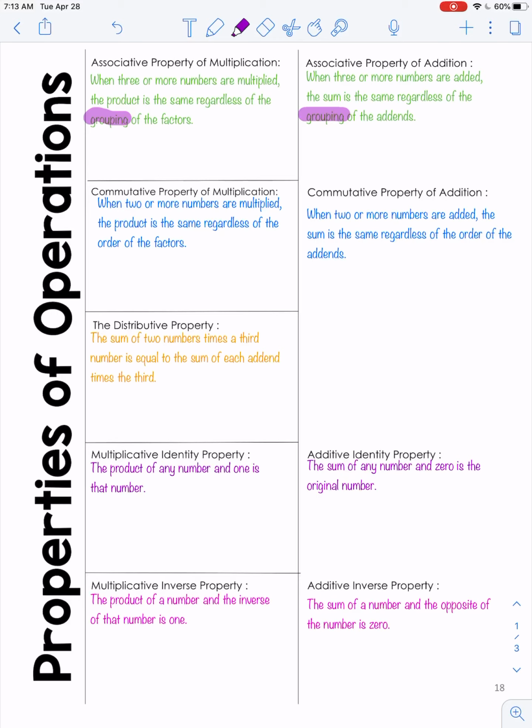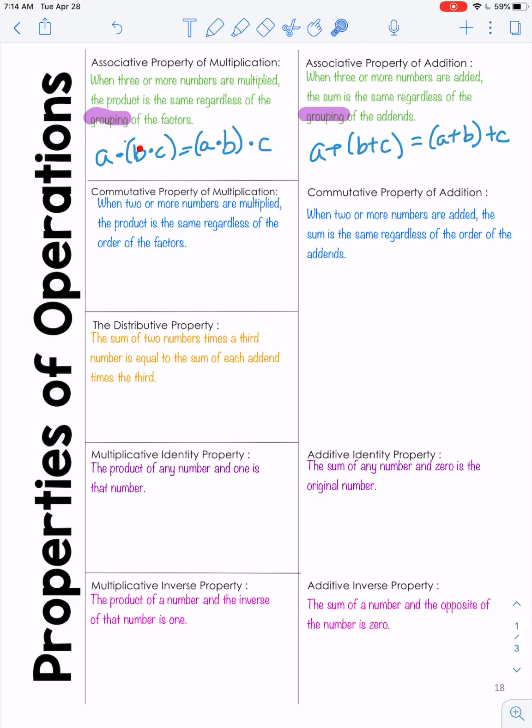So I like to think of it as the associate, and who you associate with. So we take A times B times C in our grouping symbols is equal to the same as grouping A times B times C. Or A plus grouped B plus C is equal to A plus B plus C. So remember, if we think about the order of operations, we always do what's in our parentheses first.